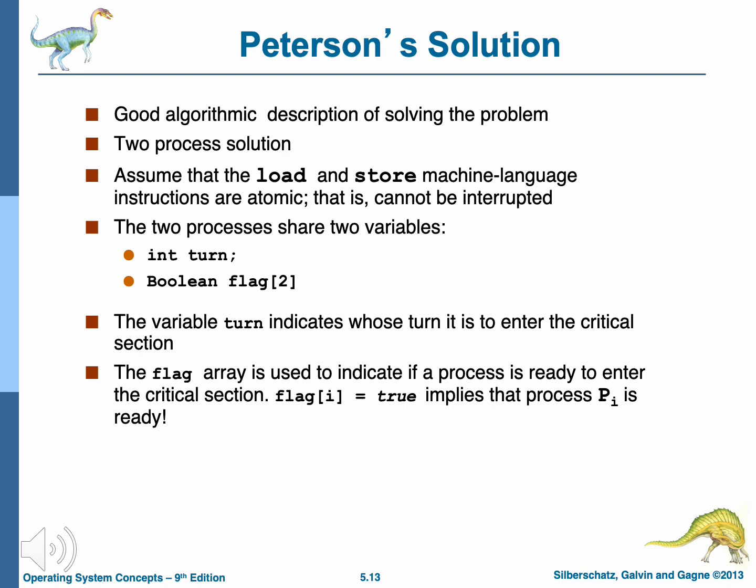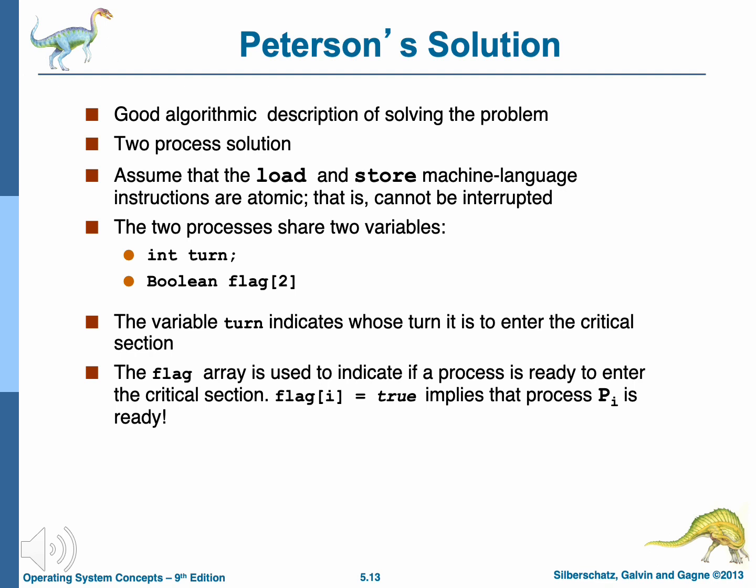However, we present the solution because it provides a good algorithmic description of solving the critical section problem and illustrates some of the complexities involved in designing software that addresses the requirements of mutual exclusion, progress, and bounded waiting.